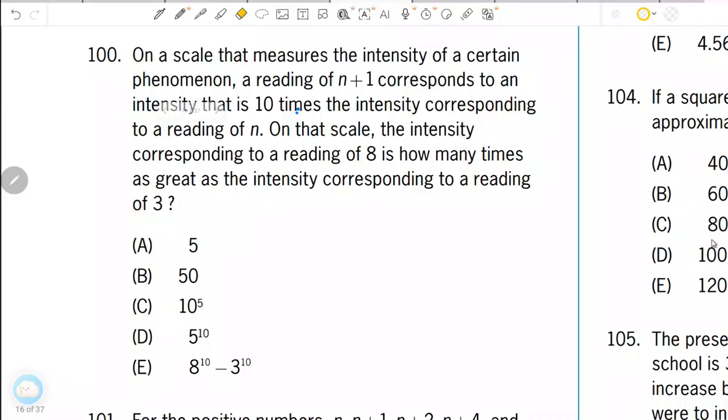So this is a sequence: sequence 1, sequence 2. So n plus 1 is equal to 10n. On that scale, the intensity corresponding to a reading of 8. Wait, n plus 1 equals 10n. How does this make sense?